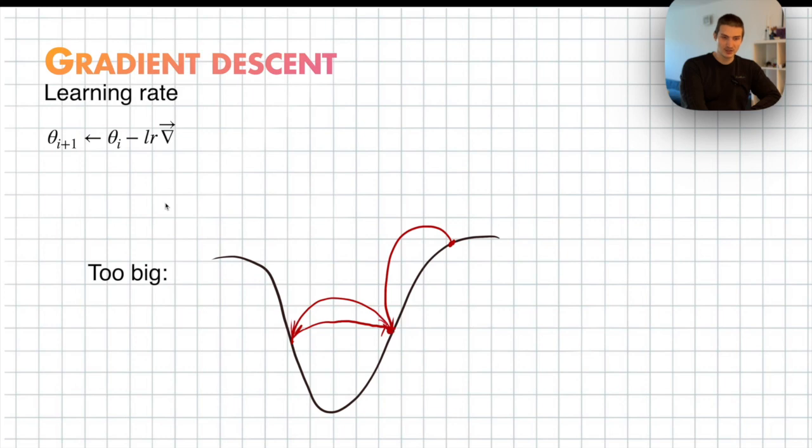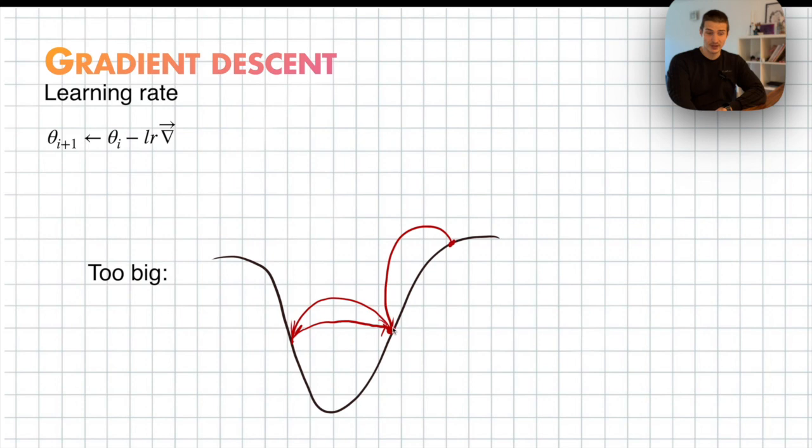And we do that because if the learning rate is too big, then what will happen is we'll make one step, we'll get somewhere here, then we'll make another step, but then this gradient only shows us basically the slope of the function in this precise point, and it doesn't know what actually happens afterwards.